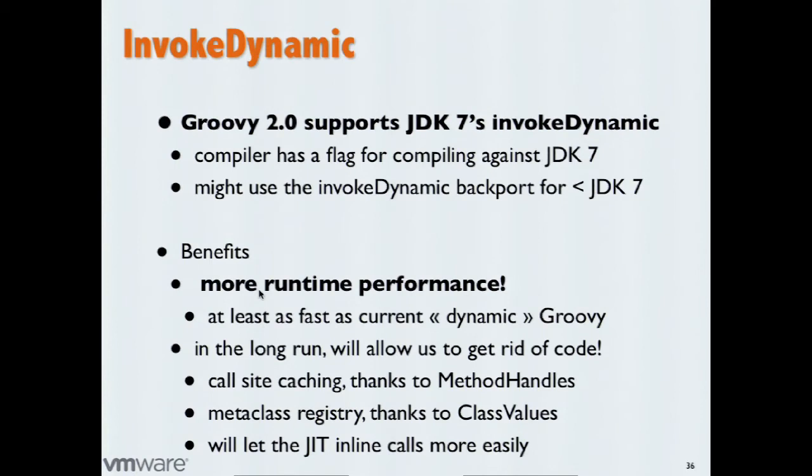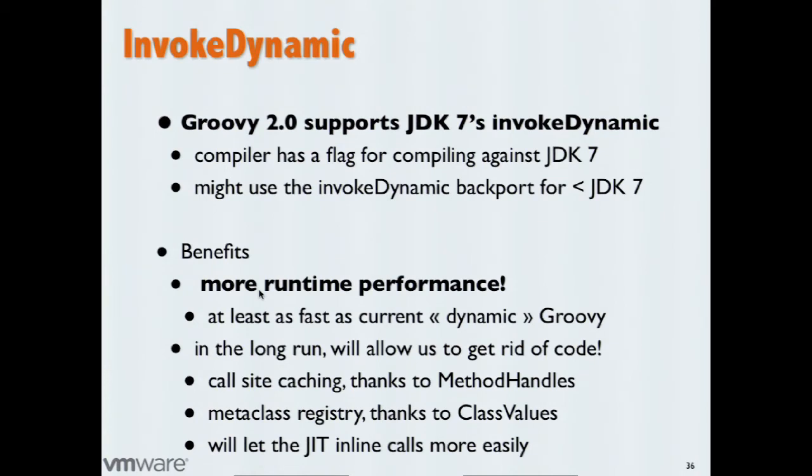Groovy 2 supports InvokeDynamic. InvokeDynamic is the new feature from Java 7 and JDK 7 to improve the life of dynamic language implementers. So the idea is to provide some specific bytecode instructions as well as APIs to improve invocation of dynamic methods.